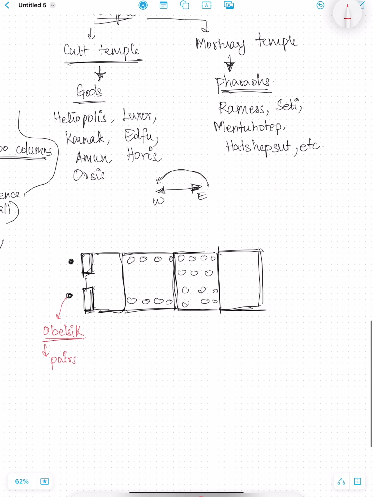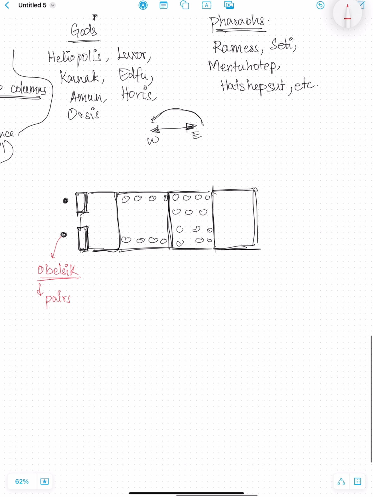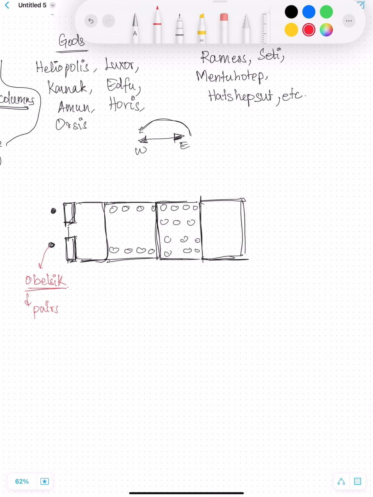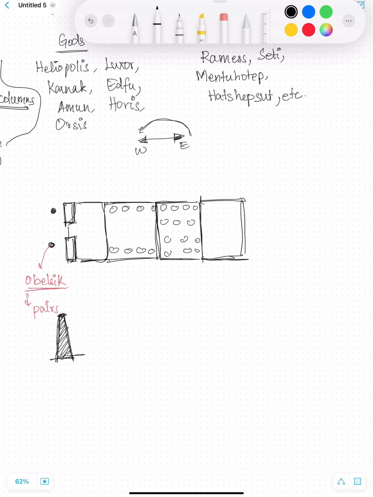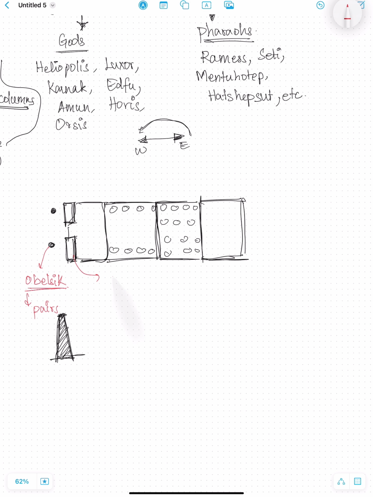They were tapering monoliths towards the top. Let me just draw it. So they were tapering towards the top with a wider bottom, and they had inscriptions of the sun god or hieroglyphics. Then we had the pylon gateways.